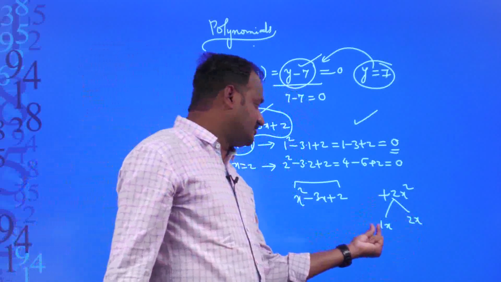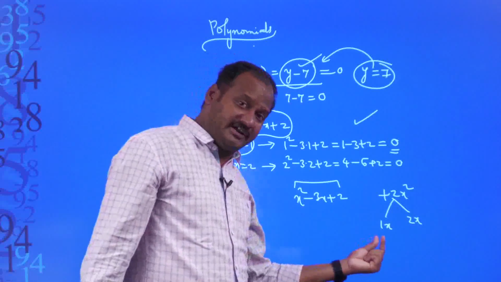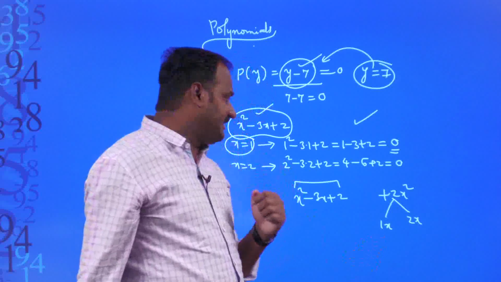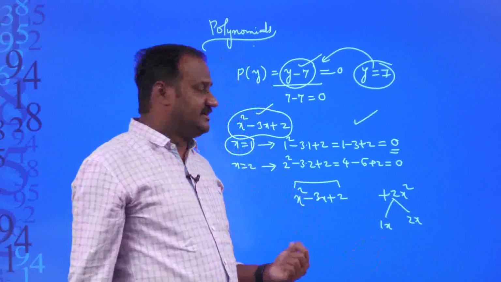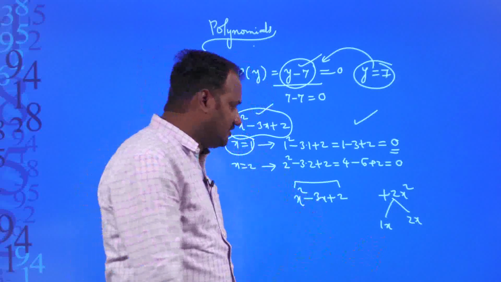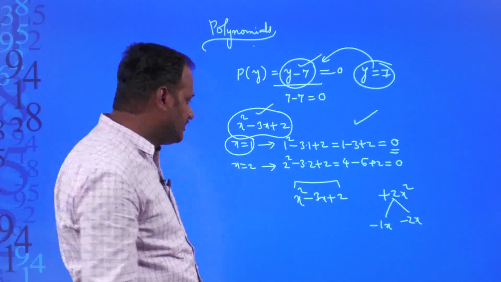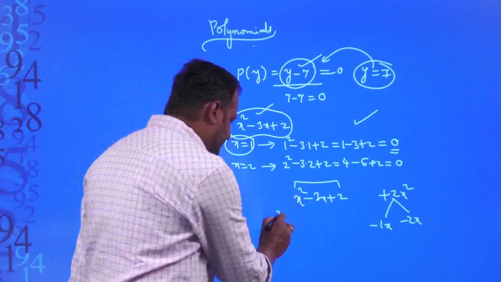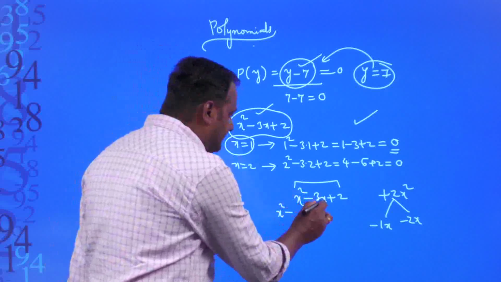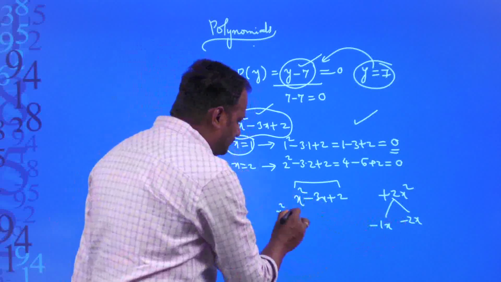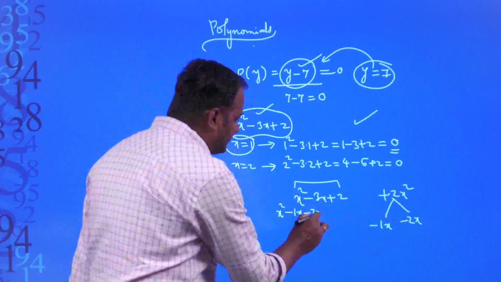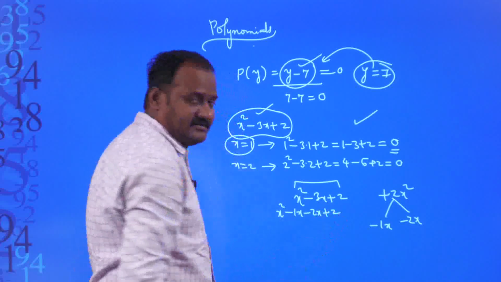So can I put positive signs for both of them, or negative signs for both of them? That depends on the sign of the middle term. Here the sign of the middle term is negative, so I should put negative signs for both terms. So I am going to write x square minus 3x plus 2 as the combination of these two, that is, x square minus 1x minus 2x plus 2, correct?